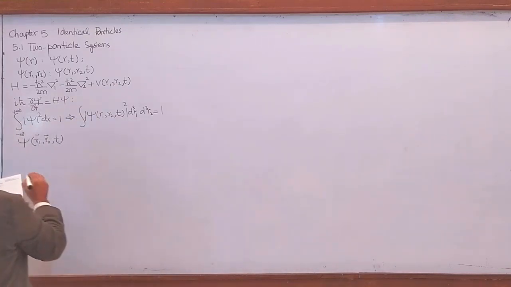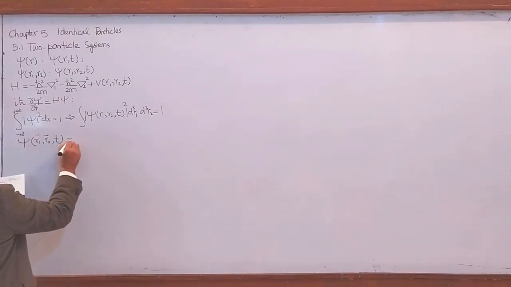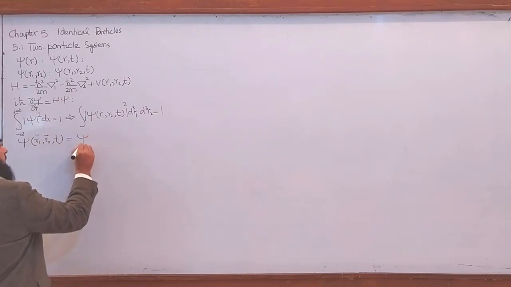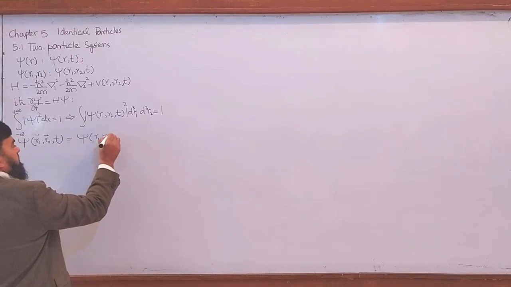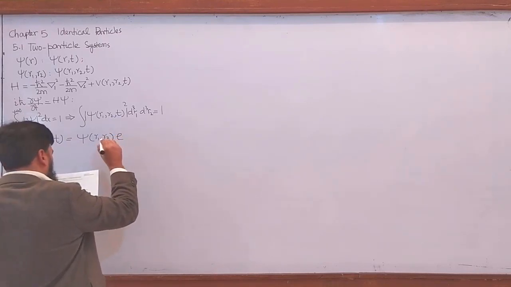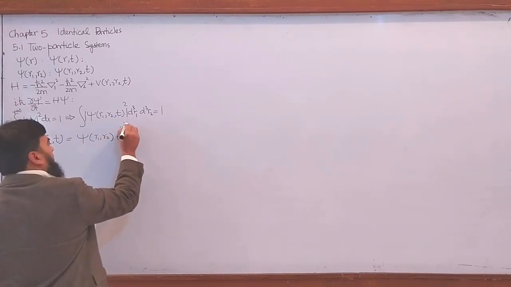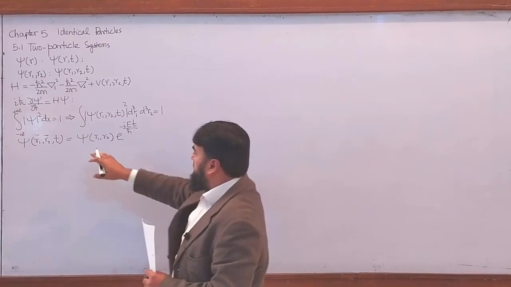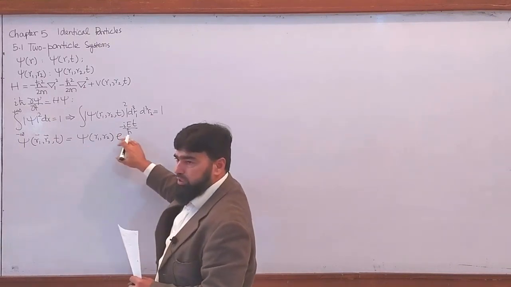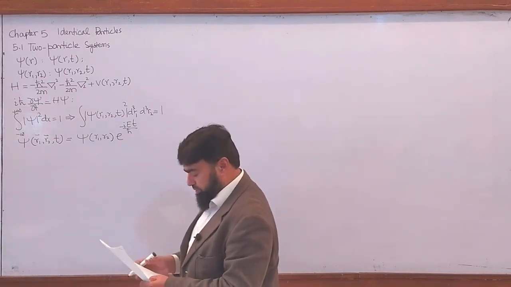You can continue by writing it. This is equal to psi of r1, r2, and for the time component I can write e to the power minus iEt over h bar. This is the time evolution of our wave function. So this is the spatial wave function and this is the time component.